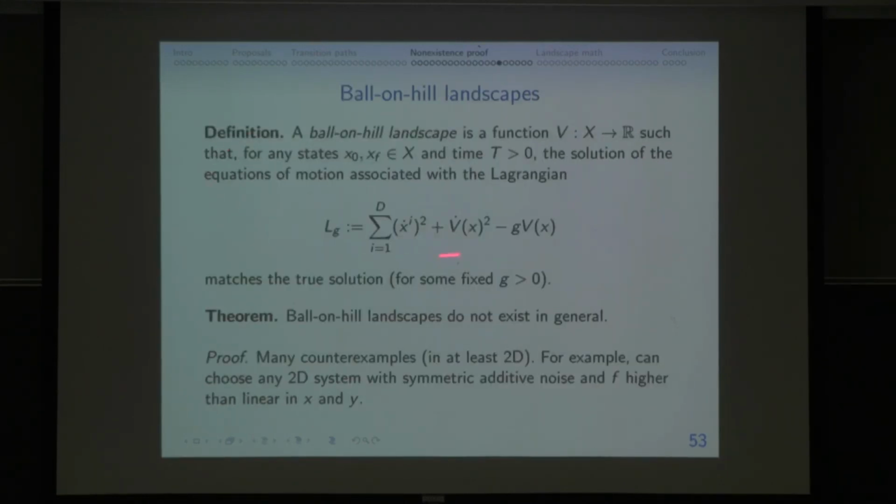Here's the Lagrangian if you wanted to write it down. You have the normal free motion thing, and then you have this gravity term. And in this one, you need to go to at least 2 dimensions to find a counterexample, but it's very easy to find one. And once again, in general, you can't construct one that works.